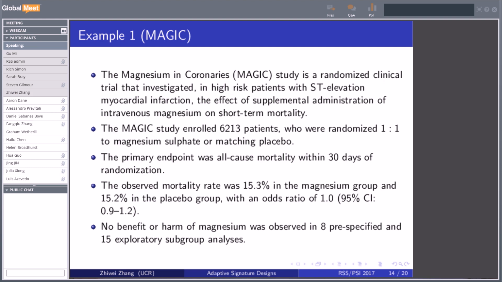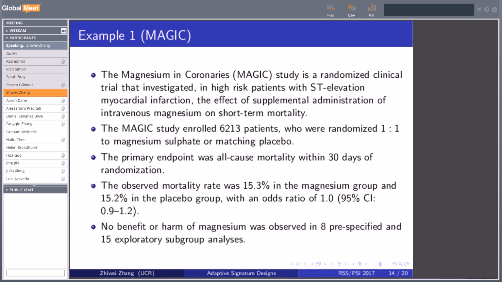The MAGIC study enrolled over 6,000 patients and randomized them in a 1-to-1 ratio to magnesium sulfate or matching placebo. Patients in both groups also received standard care. The primary endpoint was all-cause mortality within 30 days of randomization.